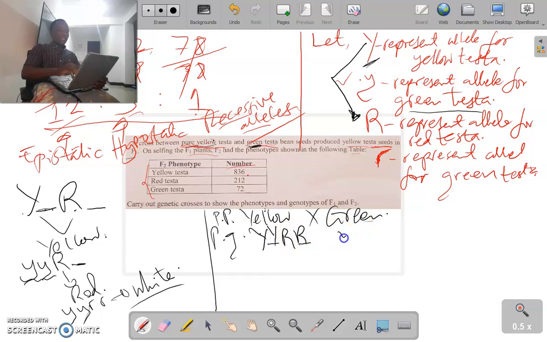And this one is just very simple, small y small r. Once you have those symbols, you have done. You will form the gametes during meiosis. Once you have done those genotypes, nothing is going to be complicated, and you finish this question as I have done for 2021.